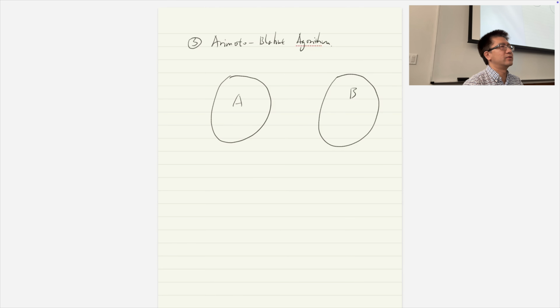We can think in this way. Let's randomly pick a point here, and then find the point that is closest to it, which is probably here. Now we pick this point and find the point on the other set that's closest to it.